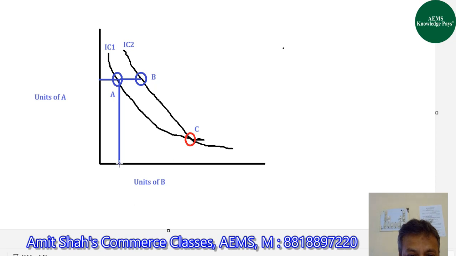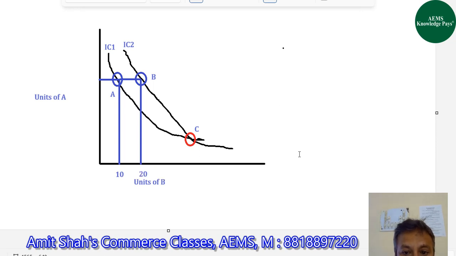I'm also marking a straight line perpendicular to the x-axis, another line perpendicular to the x-axis from point B. These are some units. Let's say this is 10 units of commodity B, and this is, let's say, 20, right?